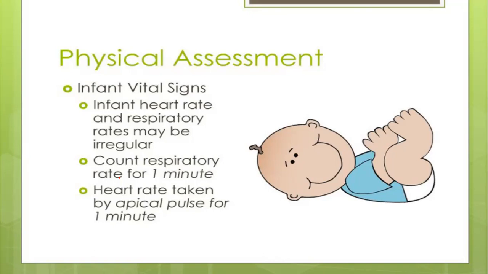What we have to do is count the respiratory rate for 1 minute, not just 15 seconds and multiply it by 4. That is what's usually done, however, it's not correct. And the heart rate is taken by apical pulse for 1 minute.